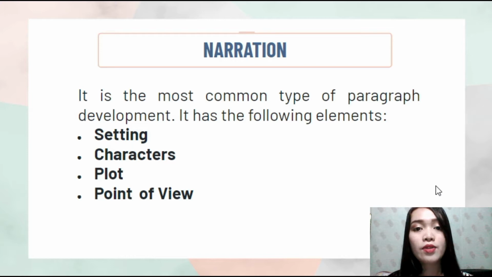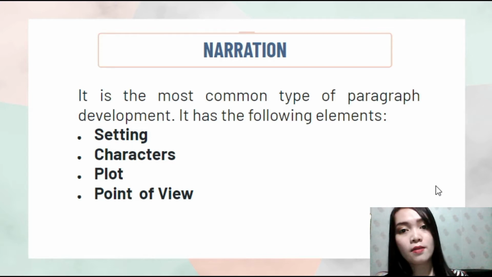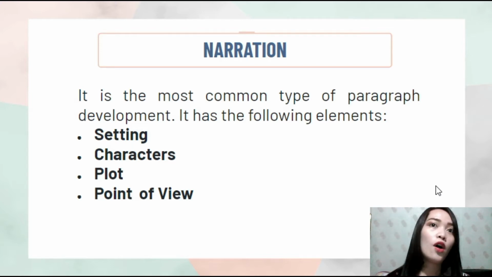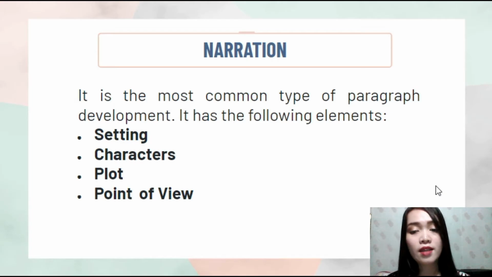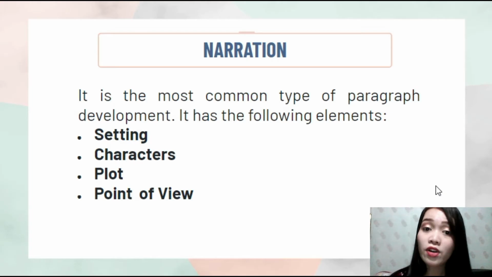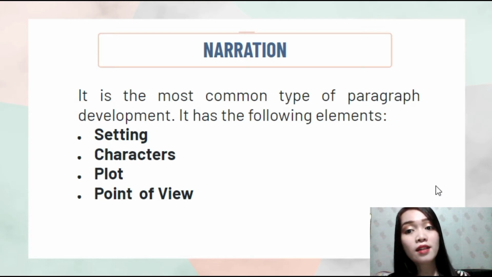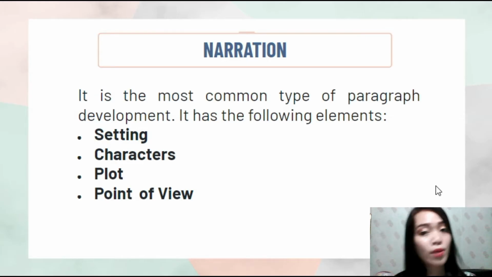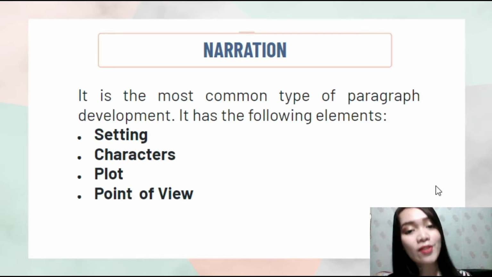But one way of narrating is that you can use the words first, then, next, lastly, finally. You can use those kinds of words just to show the sequence of events. But again, there are a lot of ways on how you're going to narrate.